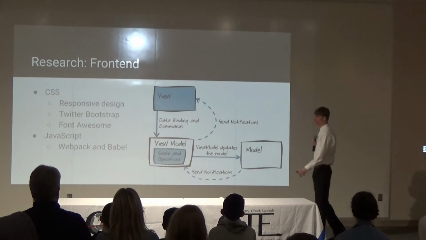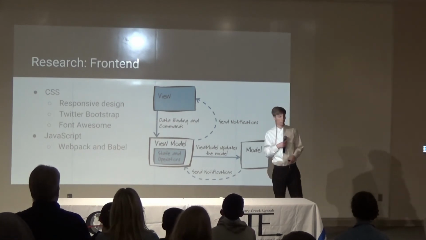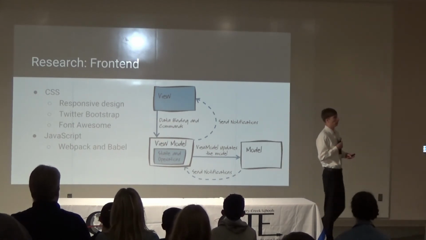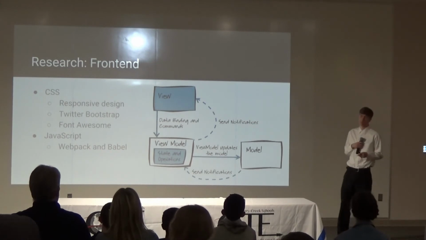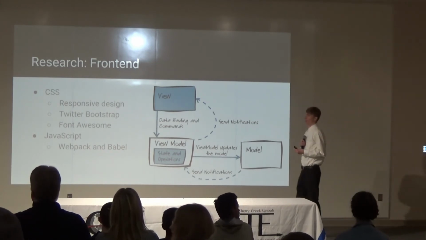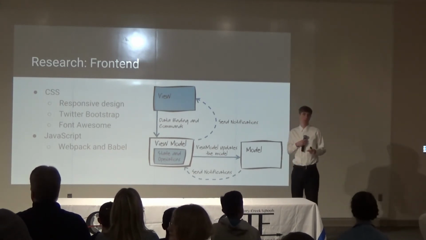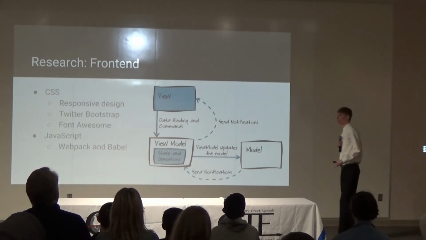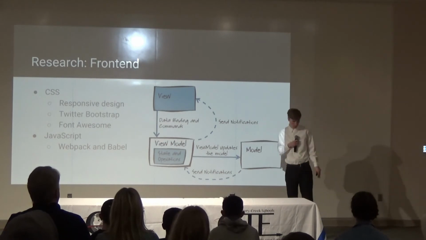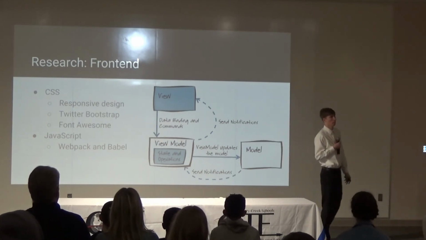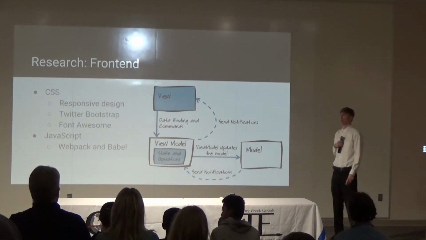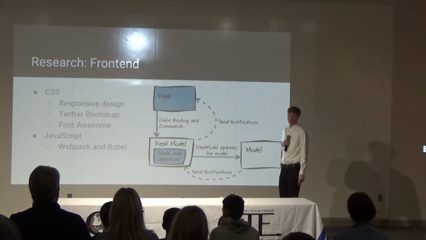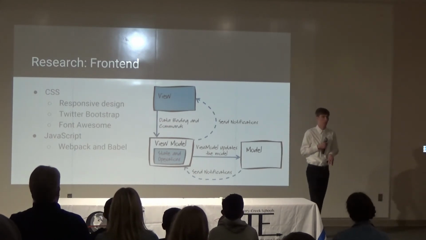And then second of all, I used a program called Babel. Babel is known as a transpiler. This is a program that translates code in one language to another language. So there are two JavaScript standards out there. The most recent is ECMAScript 6, and the most standard one, if you will, is ECMAScript 5.